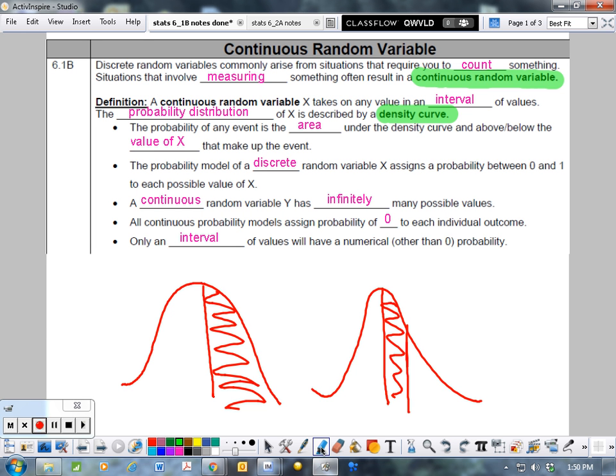So all continuous probability models assign a probability of 0 for just a specific outcome, because we really don't know if we're going to get that outcome or not. So we look at the probability of an outcome in a range or an interval of values. And so only that interval will have a numerical probability, which is why we do normal CDFs instead of PDFs.